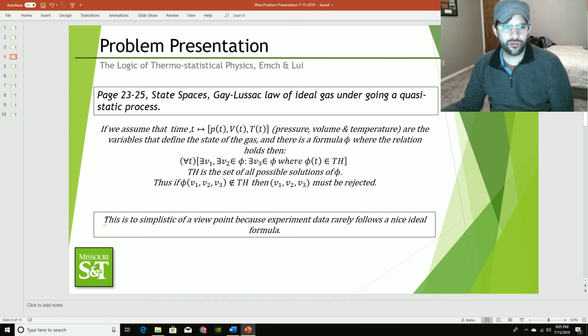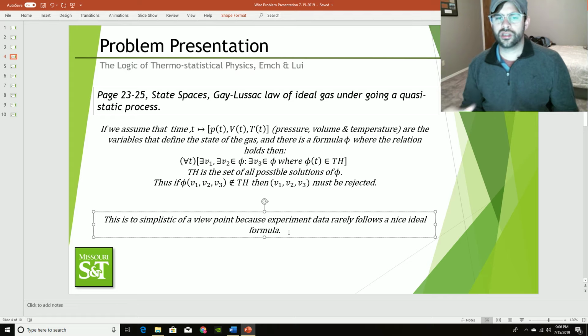So my statement for this is that this is really too simplistic of a viewpoint, because the experimental data is really rarely going to follow a nice ideal formula. And so this logic will hold only for the ideal case, but many times when you're getting experimental data, it's not the ideal case. So it's just kind of neat to think about that.